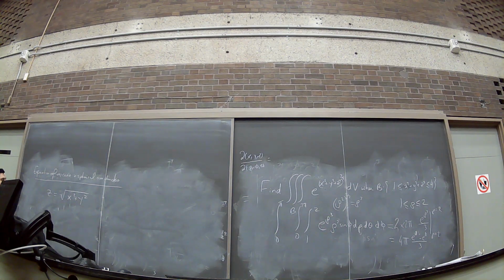What is z? It is rho cos phi, right? You agree? Everybody, do you agree? And root x squared plus y squared, what is that? This is rho sine phi.